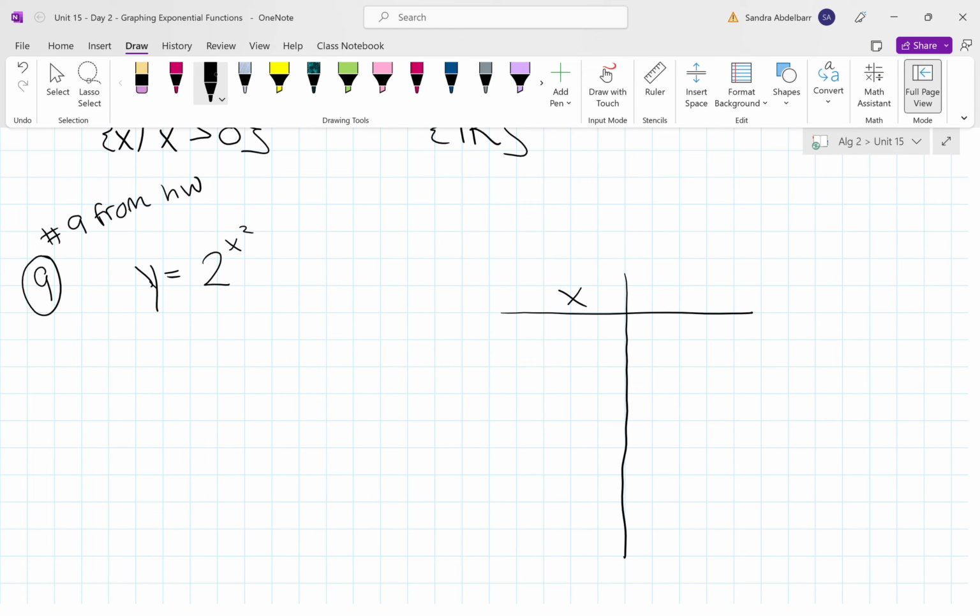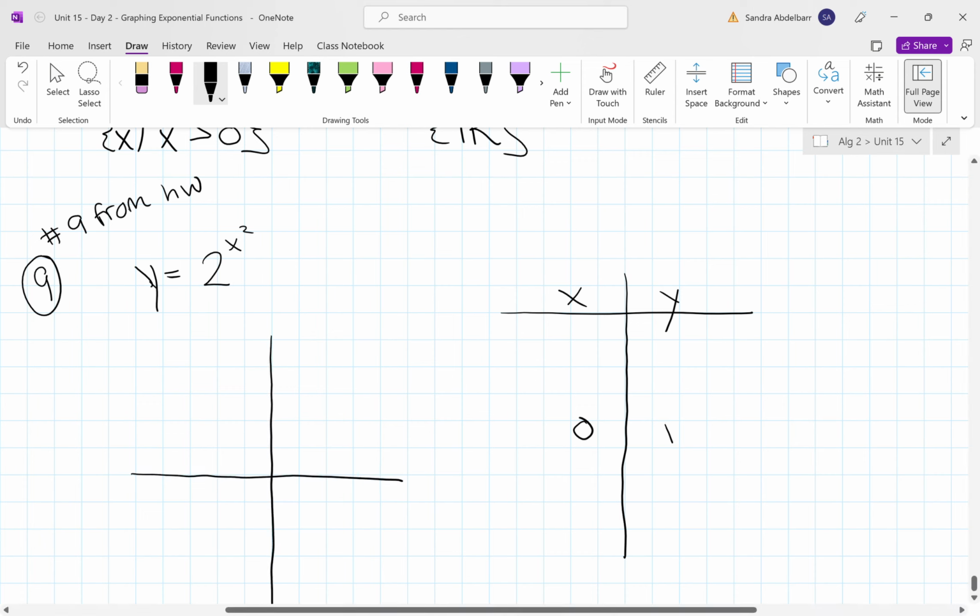Aw, poor you. Okay, so now what we want to do is plug in numbers. I'm going to do 0 in the middle. If I plug in 0 for x, 2 to the 0 is 1. So now we are at 0, 1. Now let's go to the left of that. Let's plug in -1.